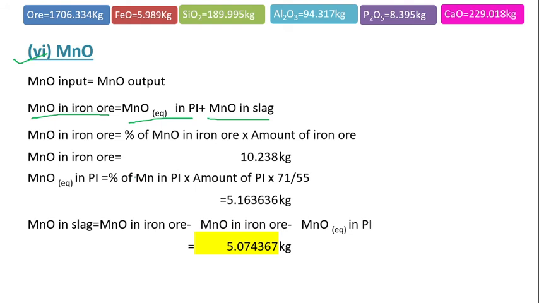So from this we can get that MnO in the iron ore is 10.238 kg and MnO equivalent, as it is in the form of metal Mn, so we have to go for the equivalent, that is 5.163 kg, and MnO in the slag will be MnO in the iron ore minus MnO in the pig iron, so it is giving rise to 5.074 kg.